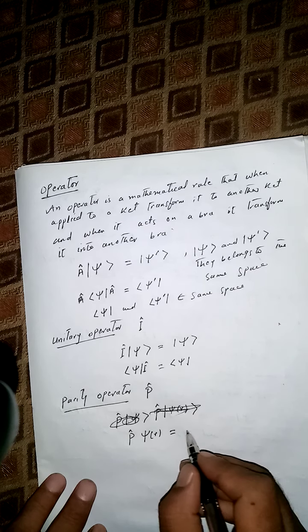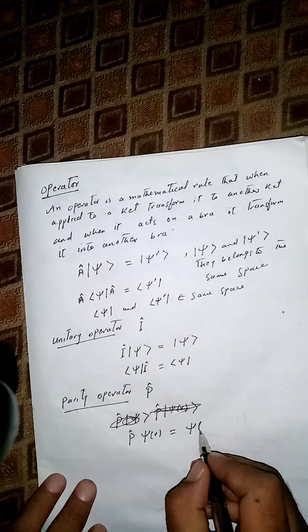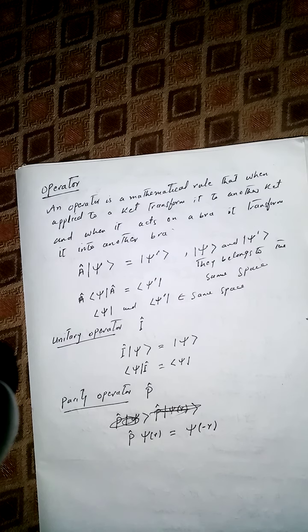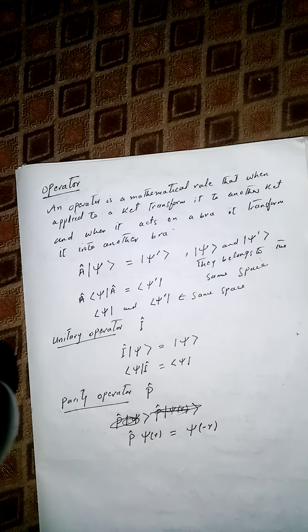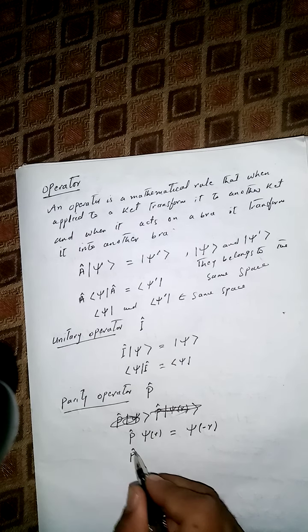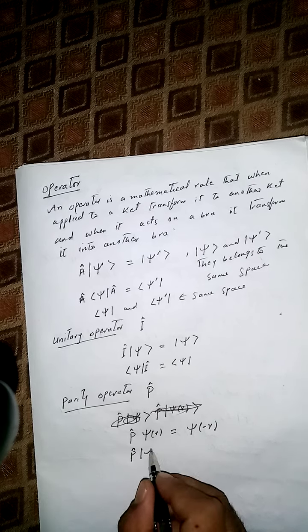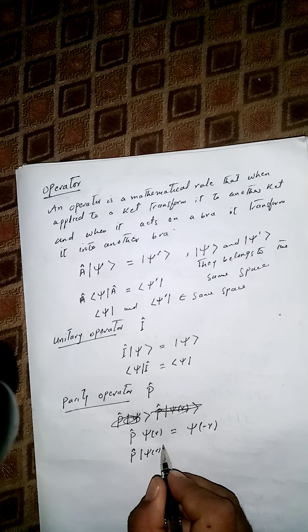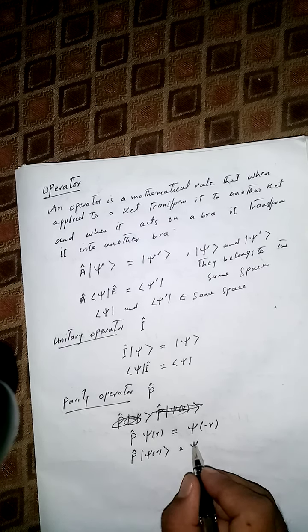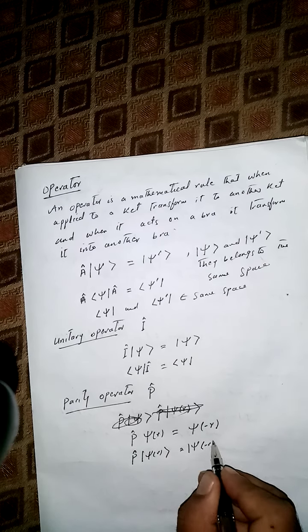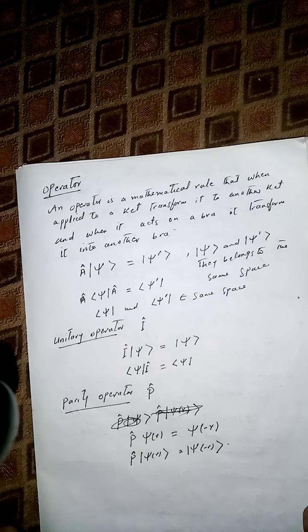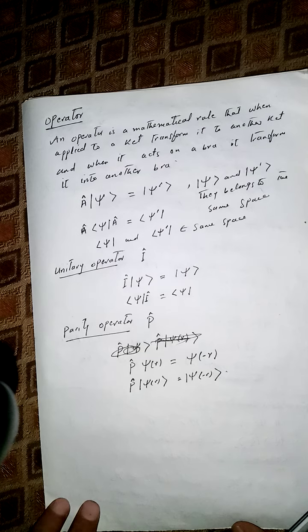We get the same function with this notation, which changes the position vector from r to minus r. We can write it in bracket notation like this, equal to psi of minus r. This is called the parity operator.